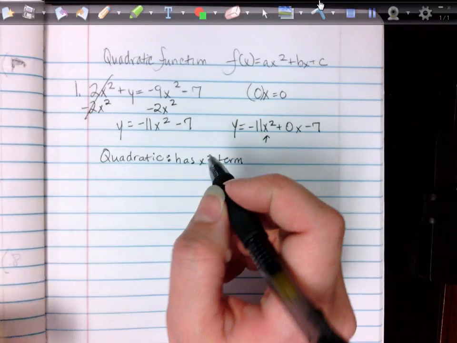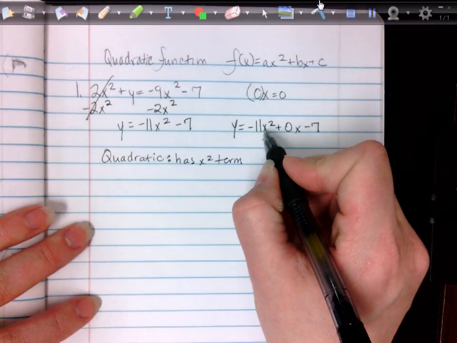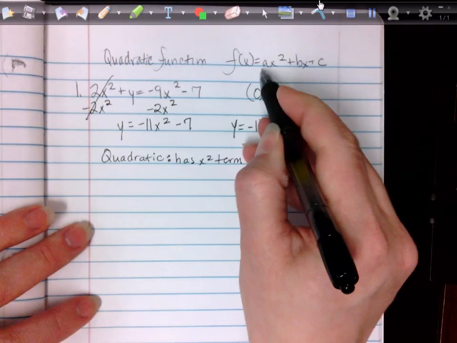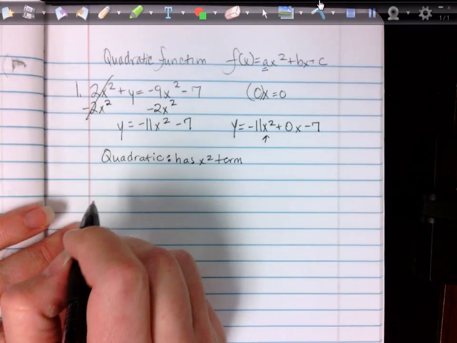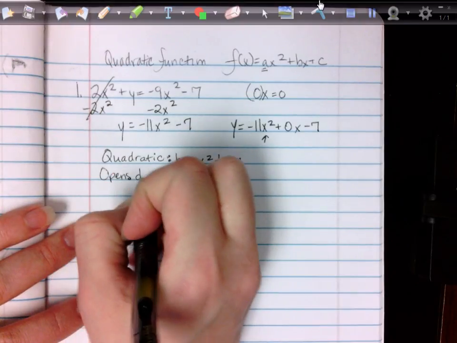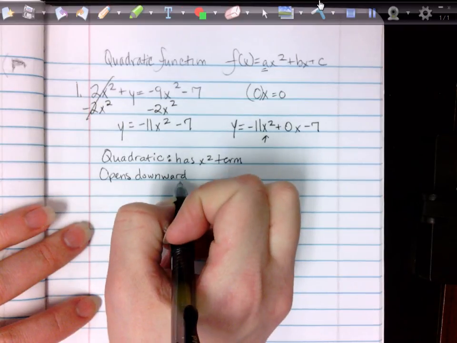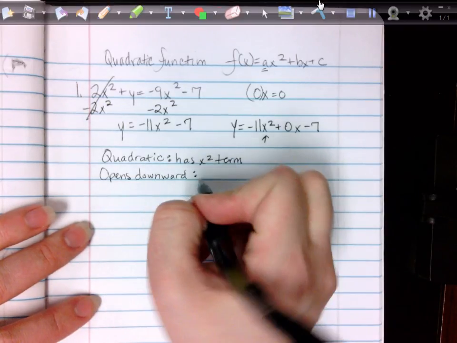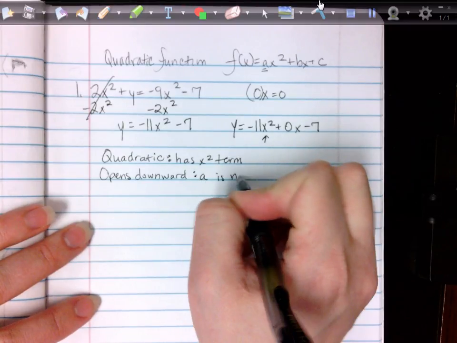So I'm going to look right here and see that the number in front of my x squared, this a we're referring to it as, this negative 11, is negative, and if it's negative it means it opens downward. So I'm going to say opens downward, and you need to write this down. And our explanation for it opening downward is that a is negative.